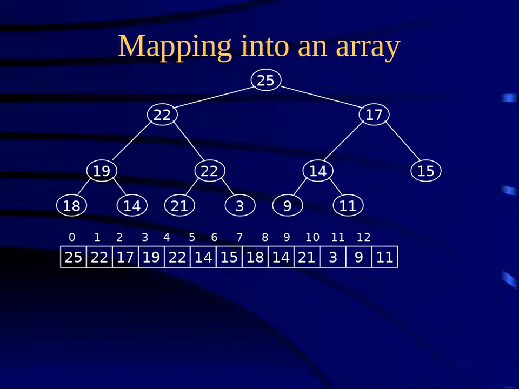Now how long does that take in big O? Each sift up takes log n, and you do it n times, so it's n log n. So sifting up in the beginning is n log n.